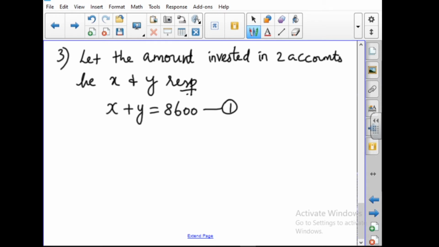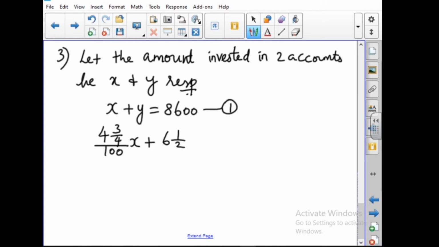Now the second one. It is given that one account earned 4 3/4 percent, which means divided by 100, for the X account. The amount of rupees X earned interest of 4 3/4%. And what is the Y account interest? 6 1/2.